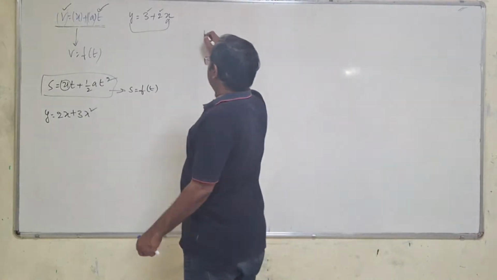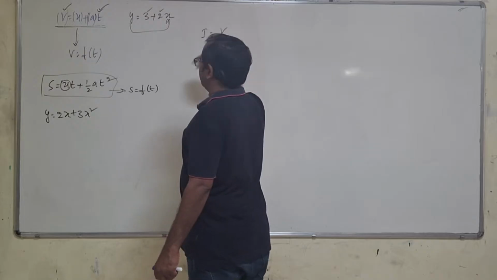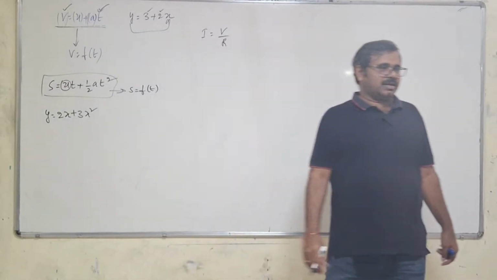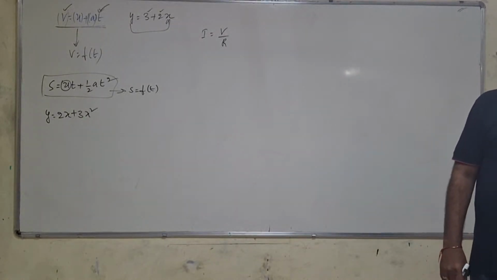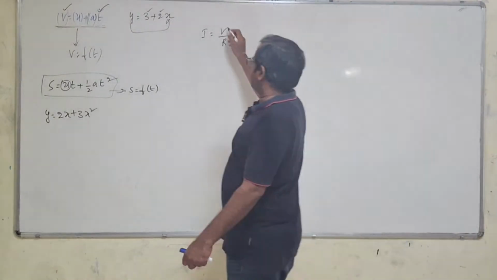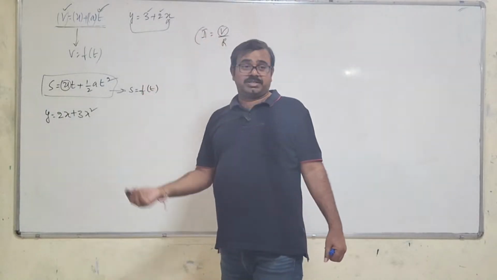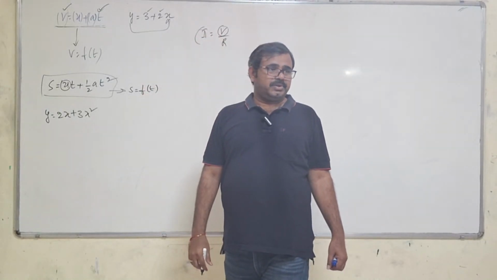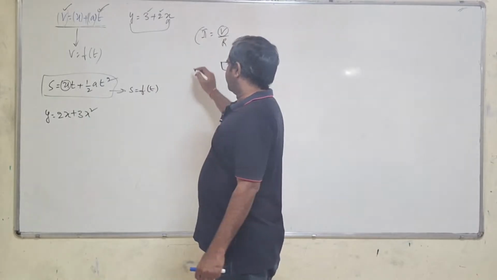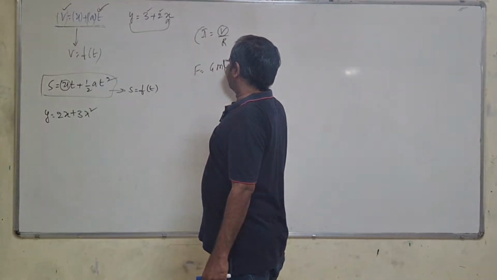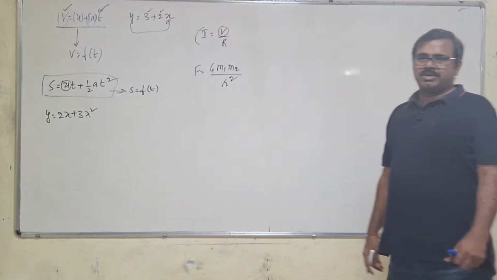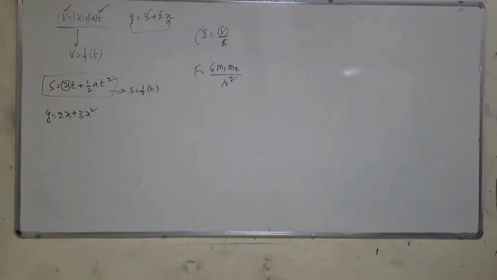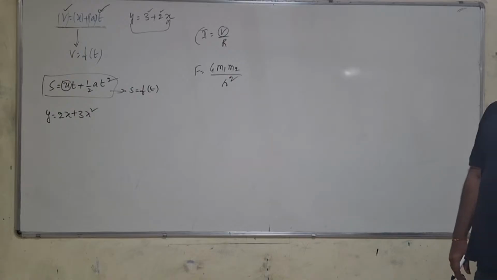Similarly, Ohm's law, current flow in a metal wire, I is equal to V by R, right? So if potential difference changes, current flow in the wire also changes. So like this, you come across many equations. Gravitational force between two objects of masses m1 and m2 separated by distance r is F is equal to G m1 m2 by r square.